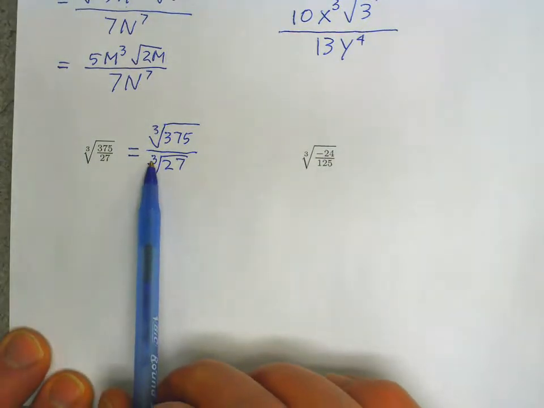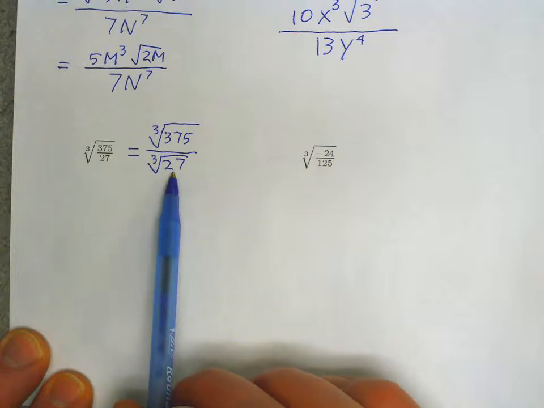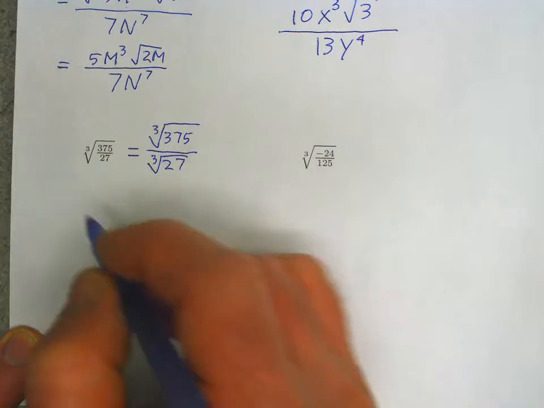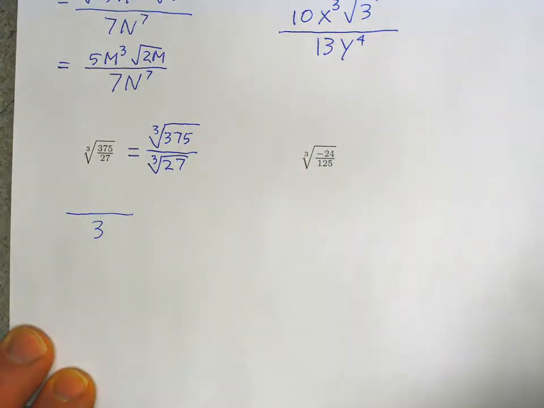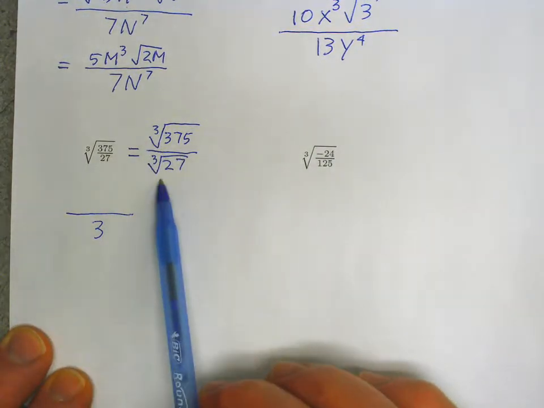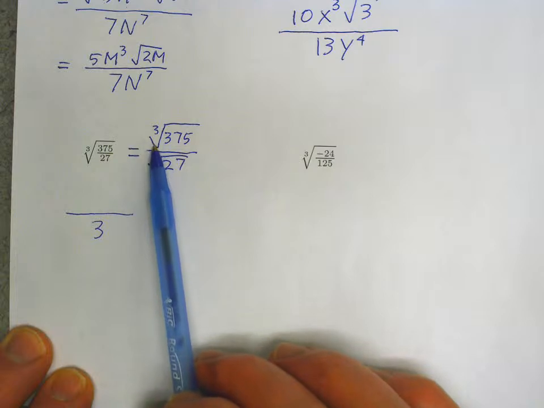So since the denominator simplifies to 3, the cube root of 27 is 3, then we just focus on simplifying the numerator.